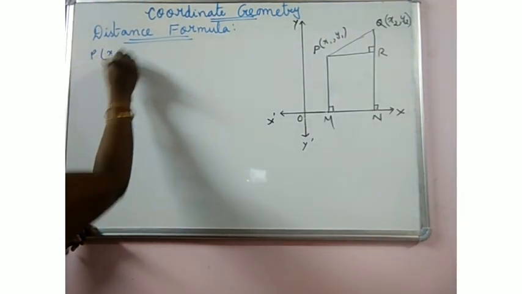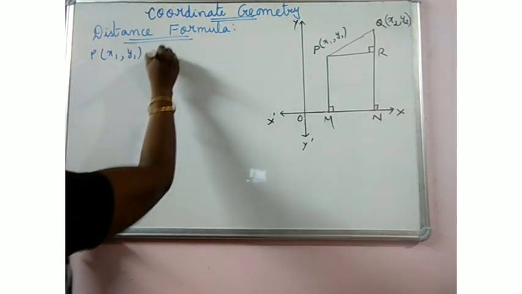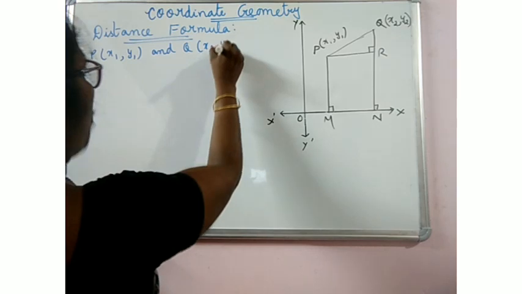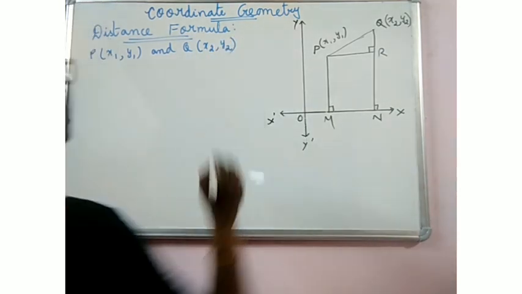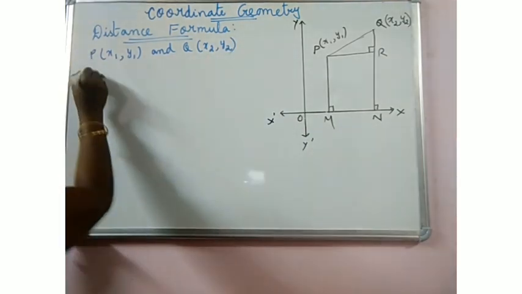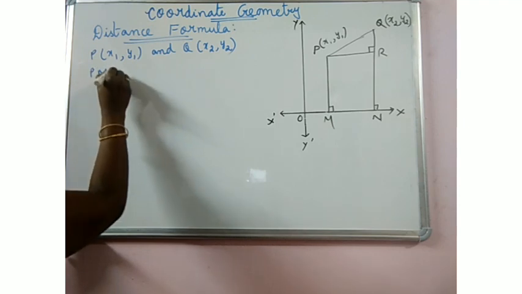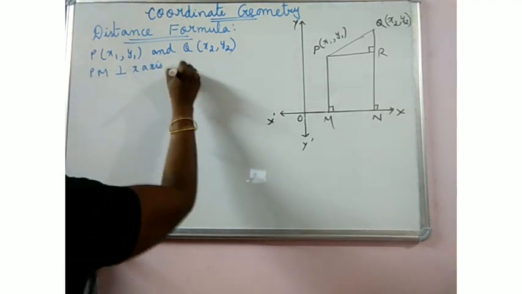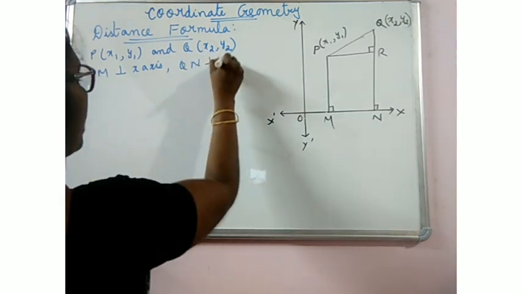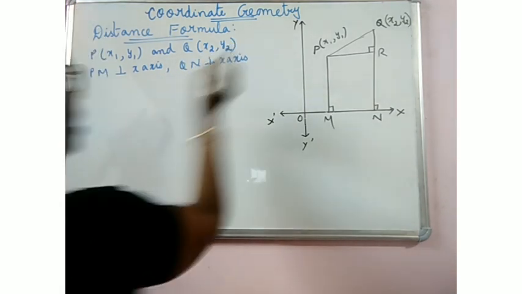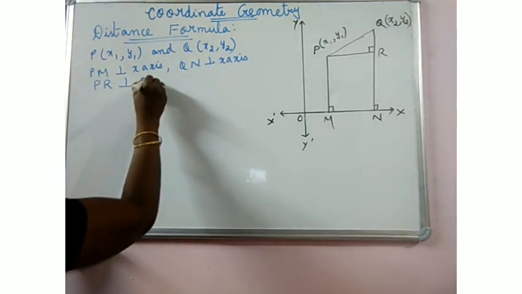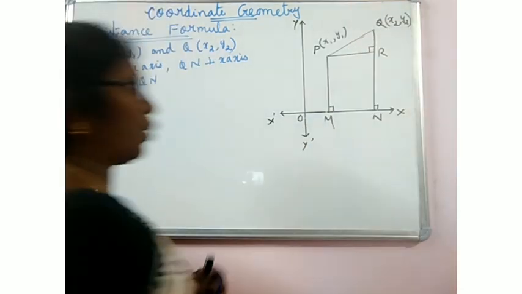P x1 y1 and Q x2 y2, they are the 2 points. Perpendicular to QN.